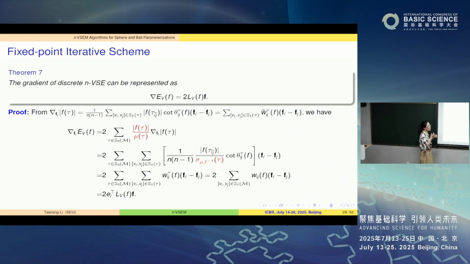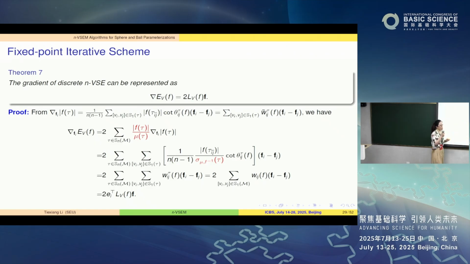When we use the Newton method, we need the gradient. This theorem tells us the gradient of this energy is 2 times the Laplacian matrix times F.